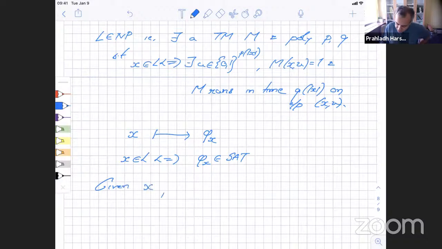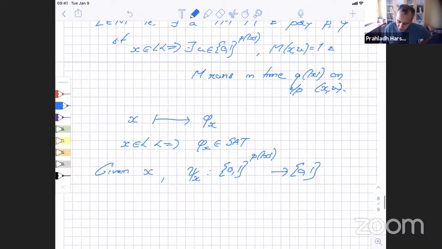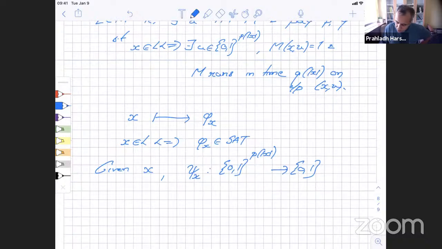Let's look at this function psi_x. Psi_x is the function going from {0,1}^p(|x|) to {0,1}, defined as follows. It takes any u to M(x,u). Clearly, x is in L if and only if psi_x is satisfiable.